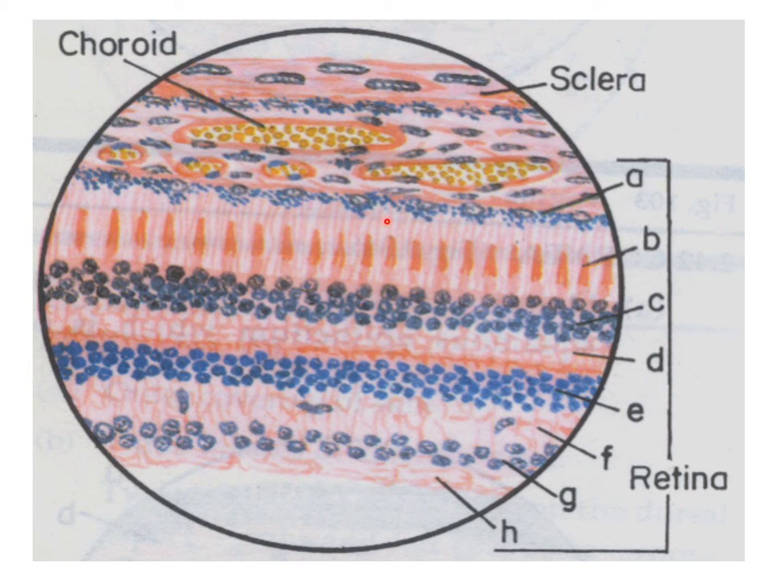Now here you can see the identification point. This part is the sclera, this part is the choroid, the outer layer of this retina. So the retina is divided into ten zones, starting with the outer segment layer. First layer of the retina, the pigment cell layer.